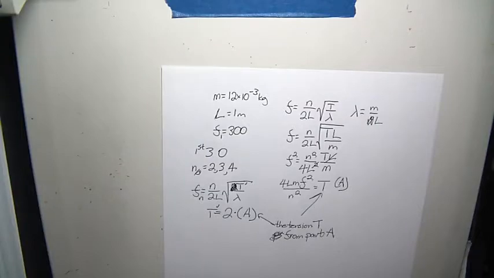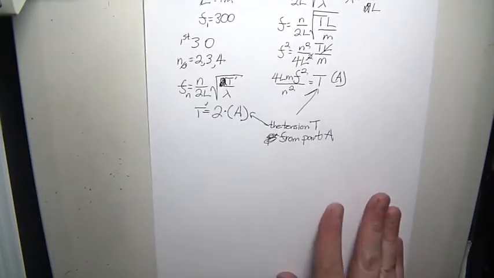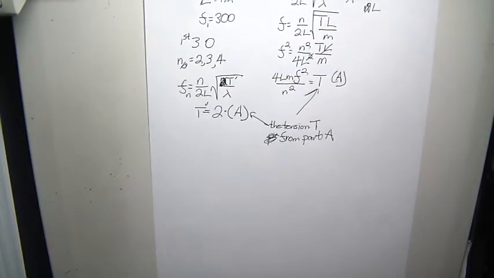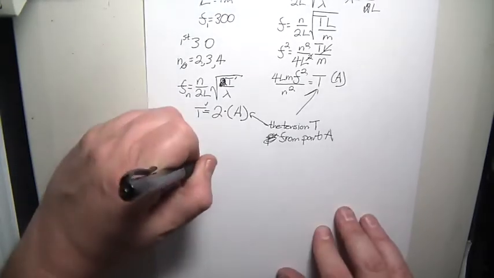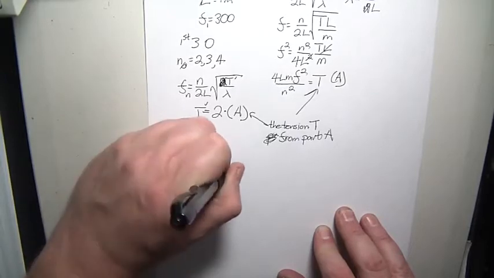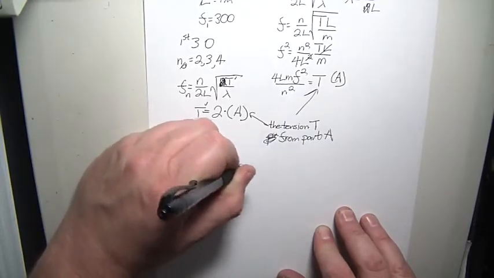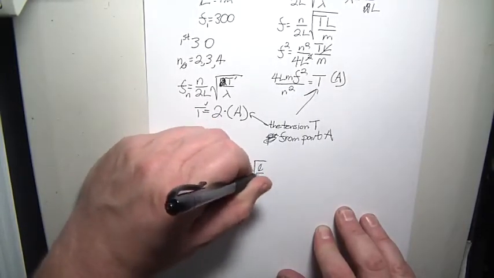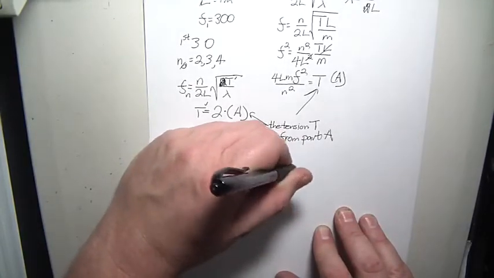So that's it with number 3. Number 4. Simple pendulum 1.4 meters long has a 100 gram mass at the end. That's irrelevant. In Lewis Hall, what is the period of the pendulum? So for number 4, that period is 2 pi square root L over G. In this case, G is 10.